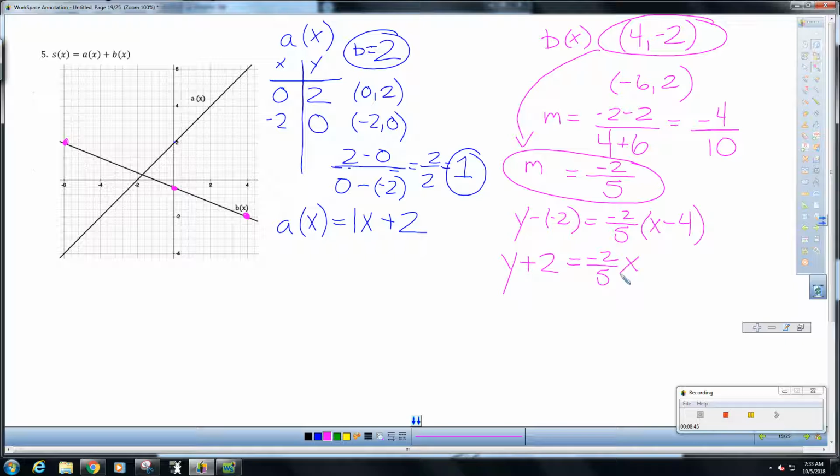Negative 2/5 times negative 4 is positive 8/5. Okay? Let's subtract 2 from both sides. And if you want to write this 8/5, you could write that as a decimal. It's 1.6, whatever you prefer.